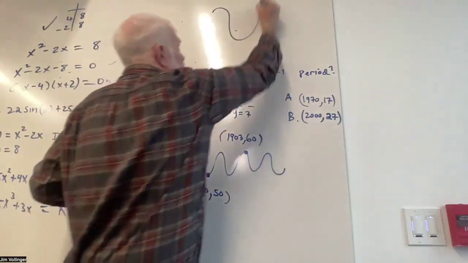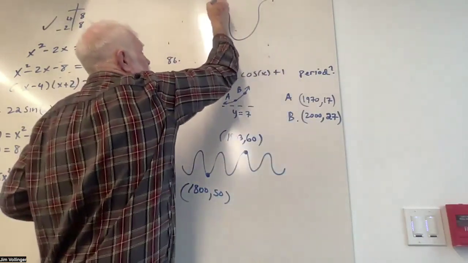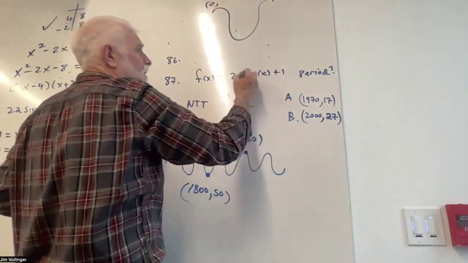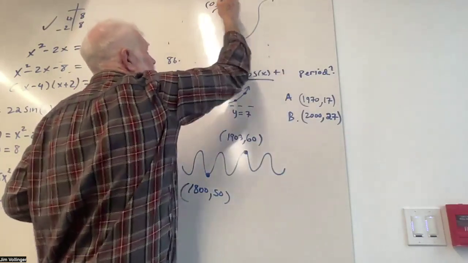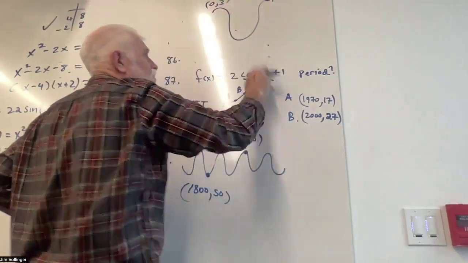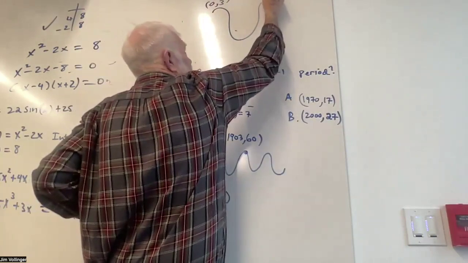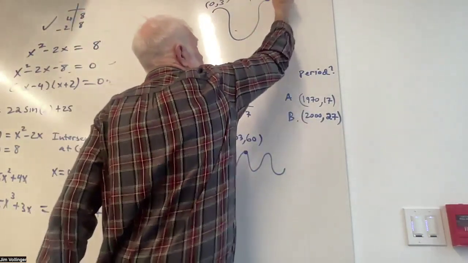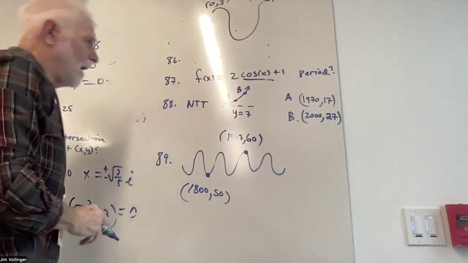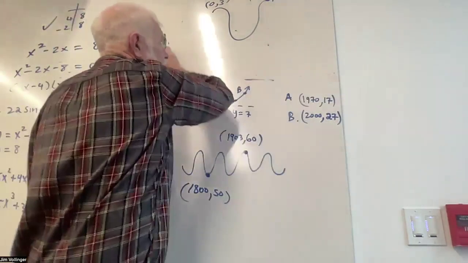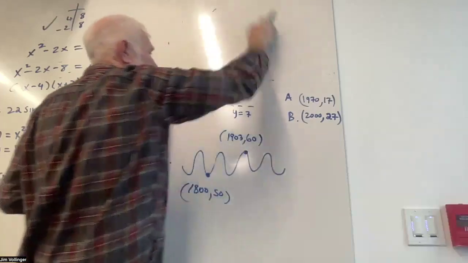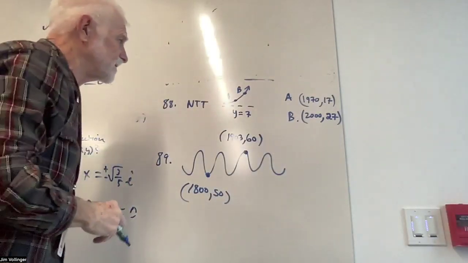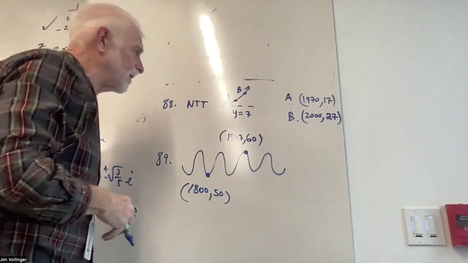So for 1 period, I'm going to put in a 0. If I put in a 0, that becomes 1, so that becomes 3. And then if I let x equal 2 pi, I'm at the end of the first revolution, and I'm back to 3. All right. That's done. Hopefully we did justice to the cause in lesson set 26 to lesson set 30, whatever.